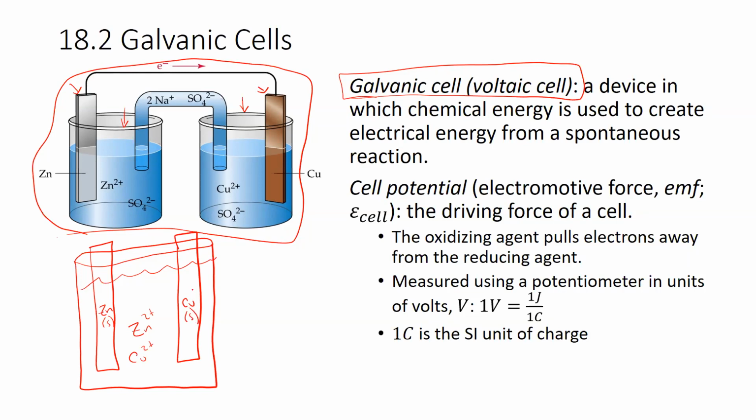Within this solution, you have these zinc ions and these copper ions. And those concentrations would change because there would be a chemical reaction that takes place spontaneously.